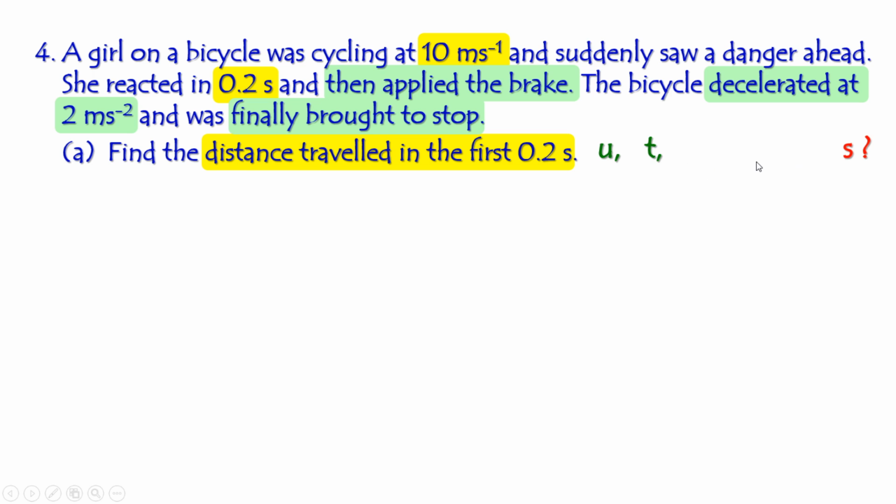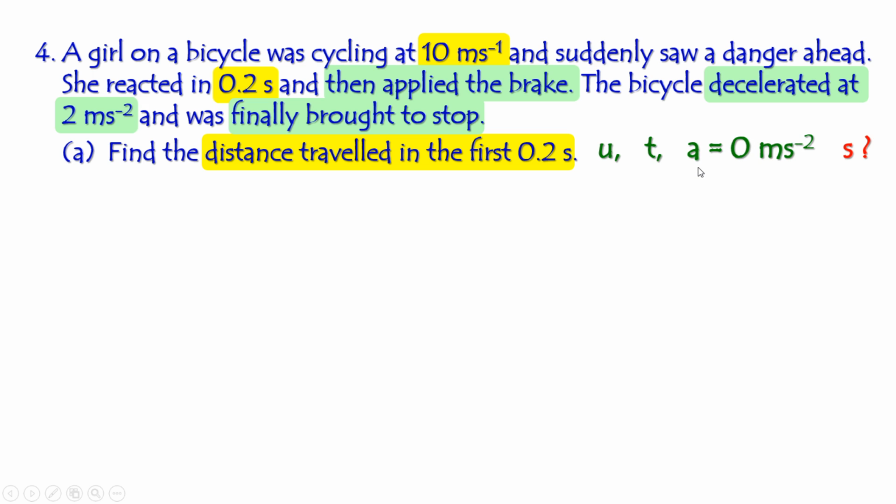Can you guess what information you have? Yeah, it is the acceleration, because just as I told you before, she reacts after 0.2 seconds, and then she applied the brake. She didn't brake any in this 0.2 seconds, so the acceleration is 0.